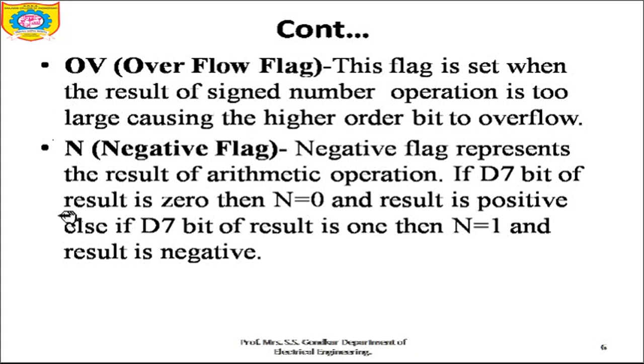So in short, this negative flag is set to 1 if the MSB of the result is 1, indicating negative. Else N is equal to 0 if the MSB of the result is 0, which means it is positive.